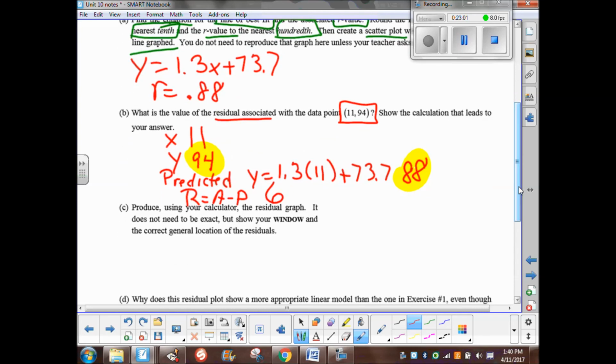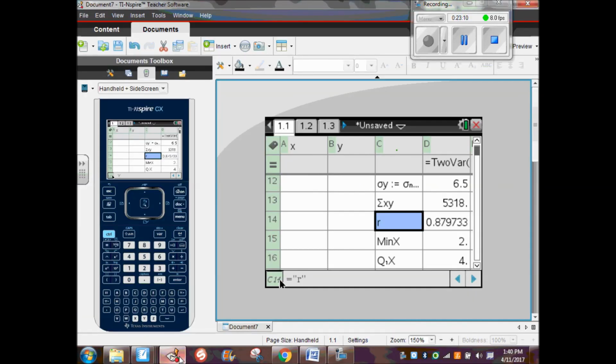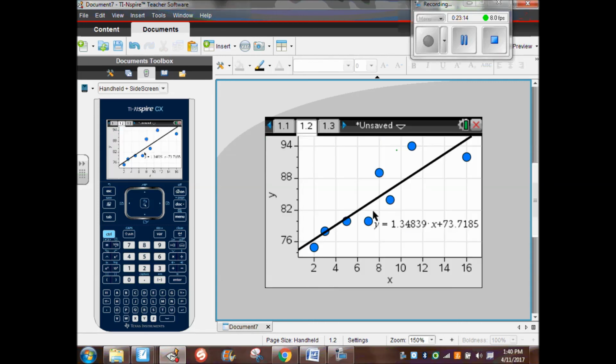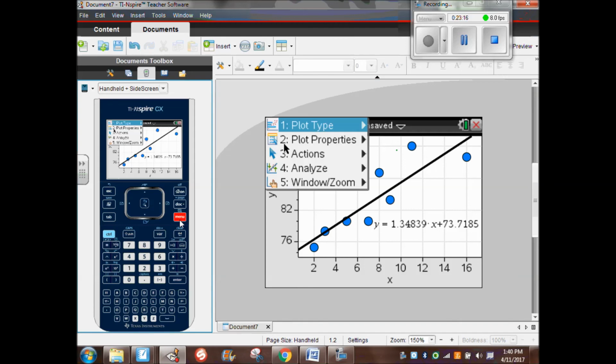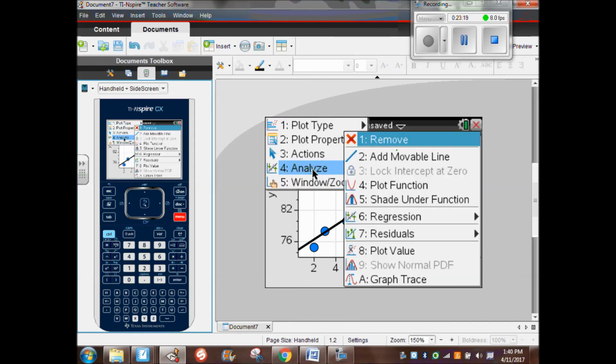Now it says, produce, using your calculator, the residual graph. So we go back to your scatter plot and menu, analyze, then what? What do I pick next? Residuals.